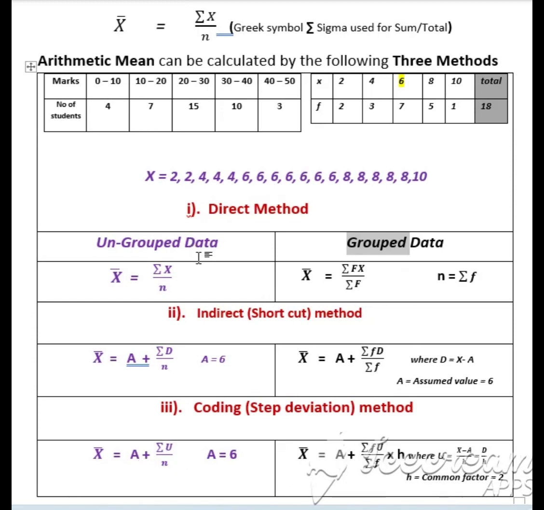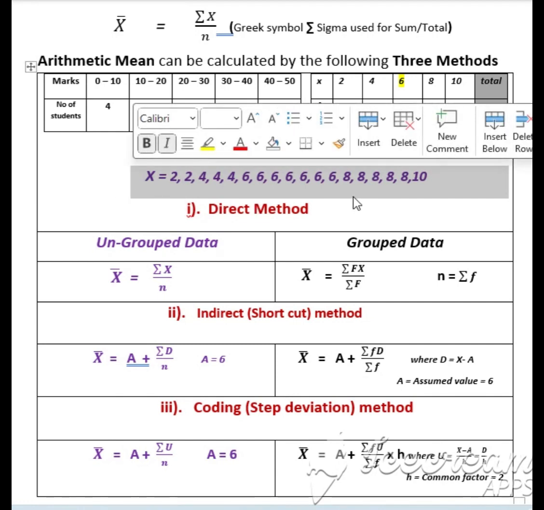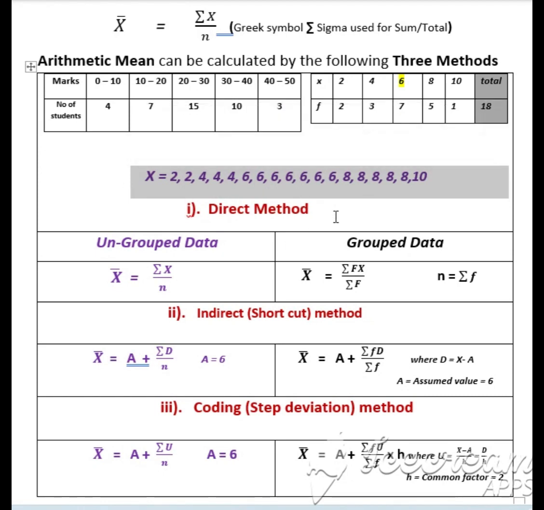So first let me explain to you what is ungrouped data and group data. Ungrouped data is data or numbers without a table, or numbers in a raw form. So these numbers are ungrouped data. These purple numbers are ungrouped data because they are without a table, and individually these numbers you can collect from the field.